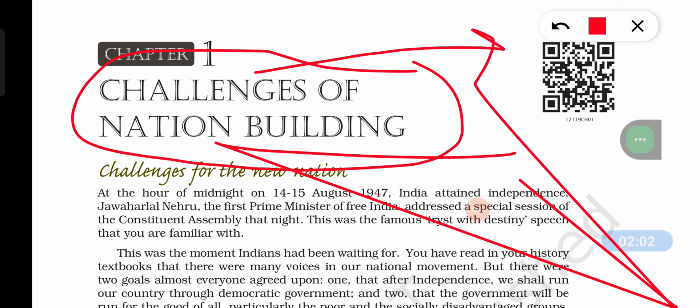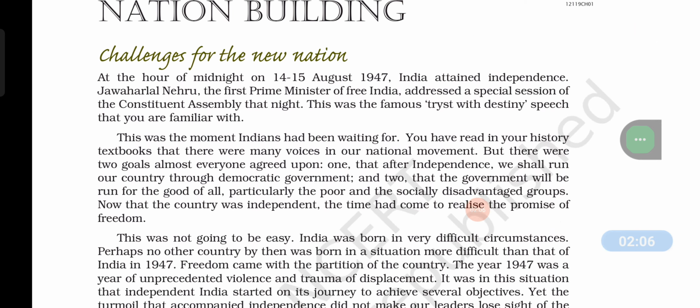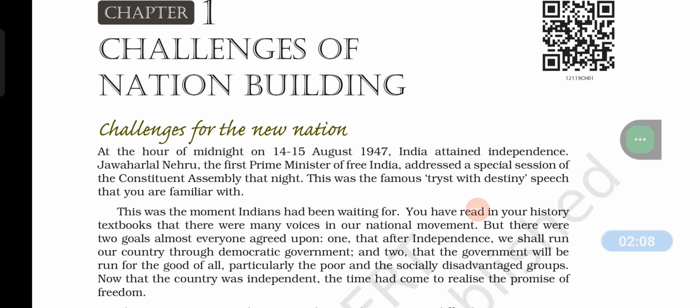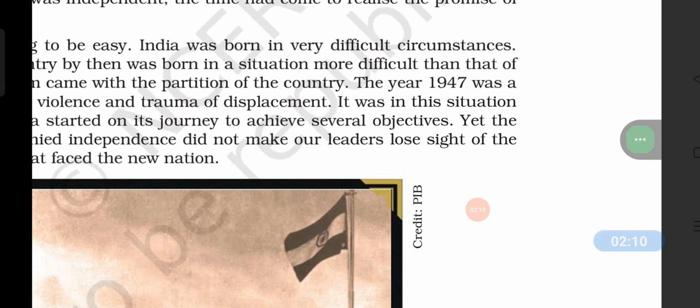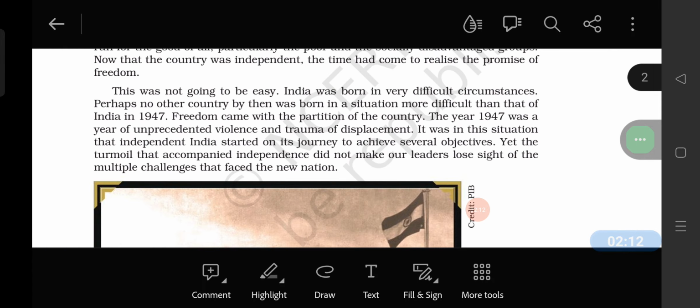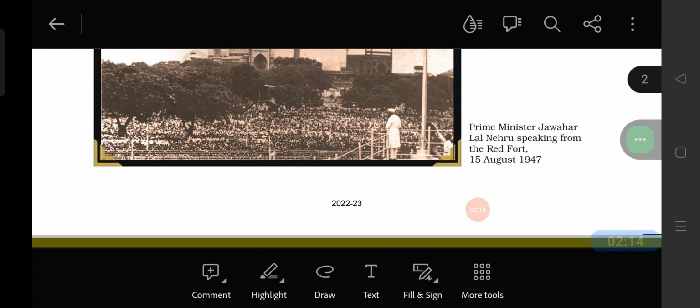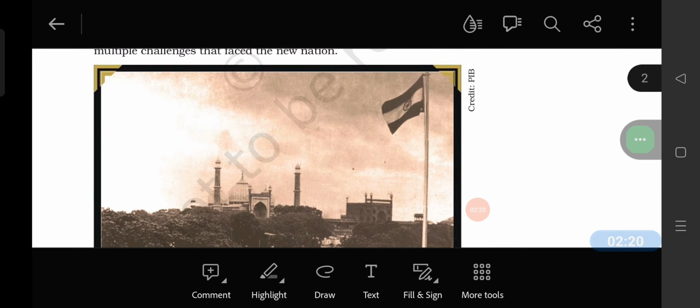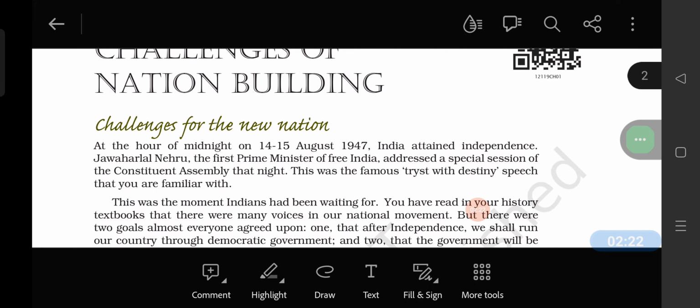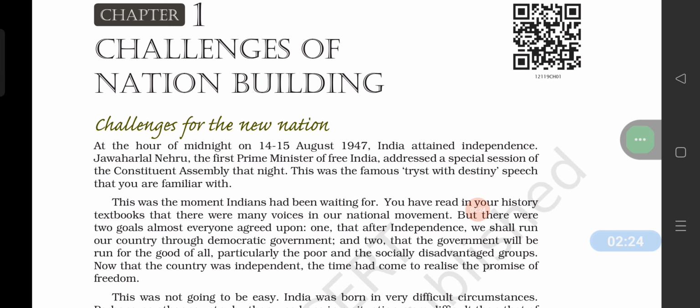Nation here means India. So India faces three challenges. We describe only three challenges, but India faces many challenges, and the main challenges faced by India were during independence.